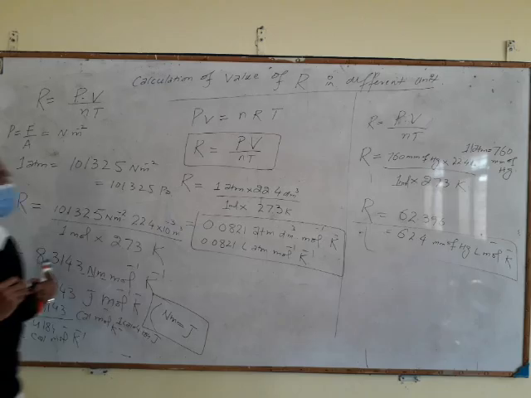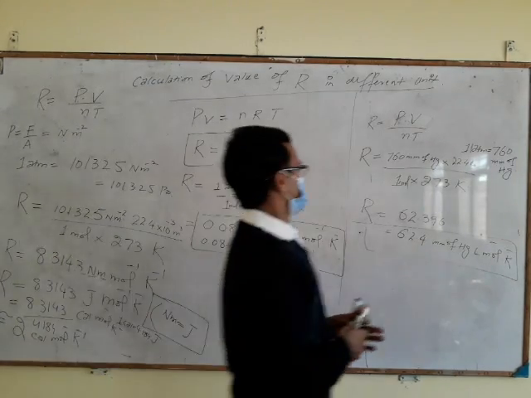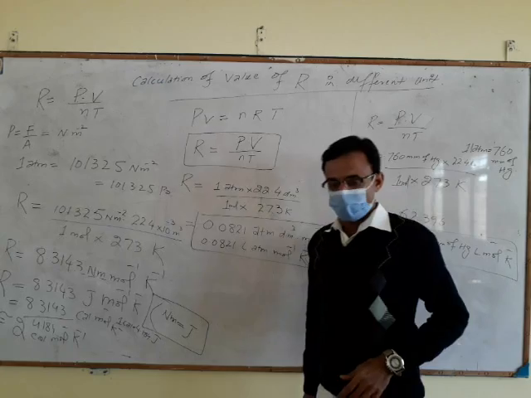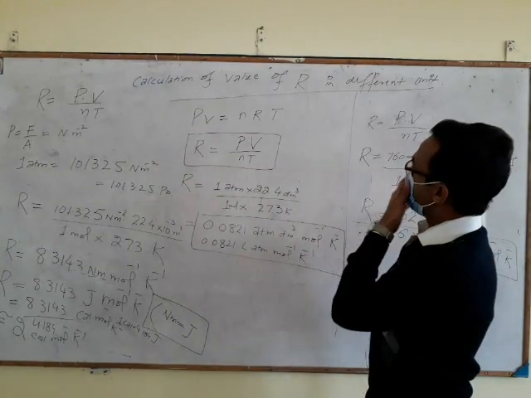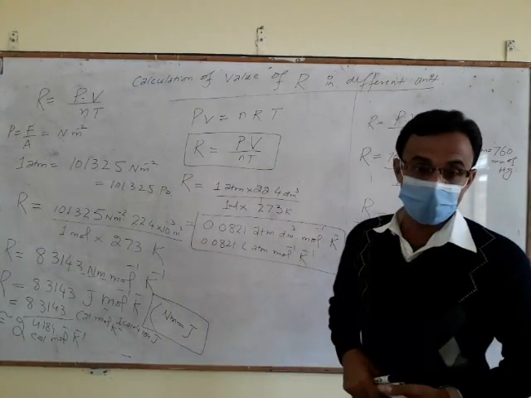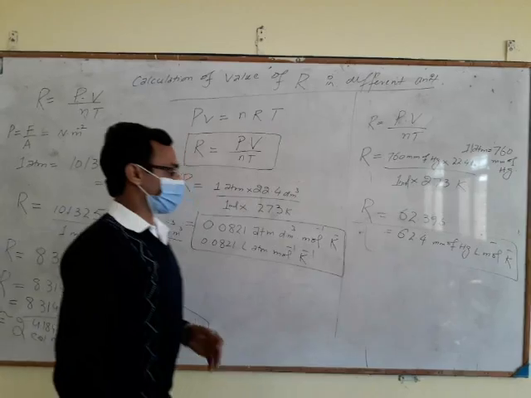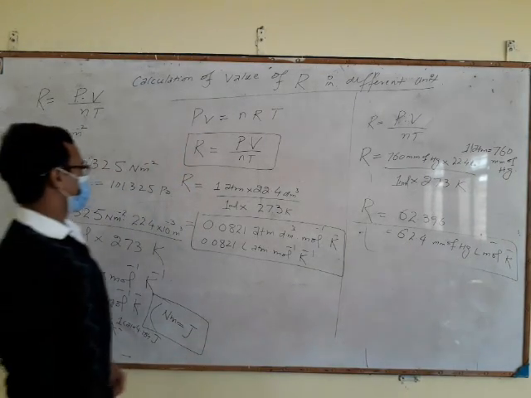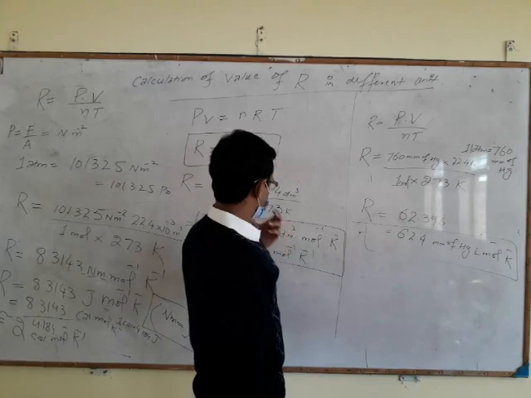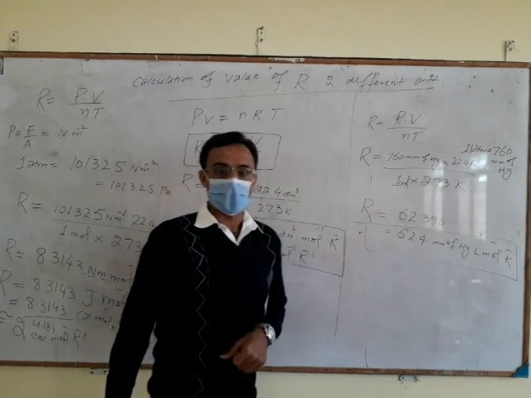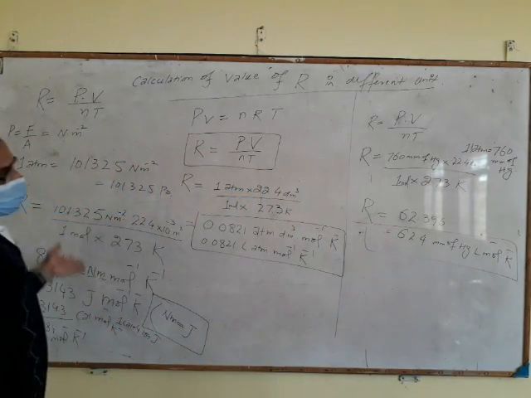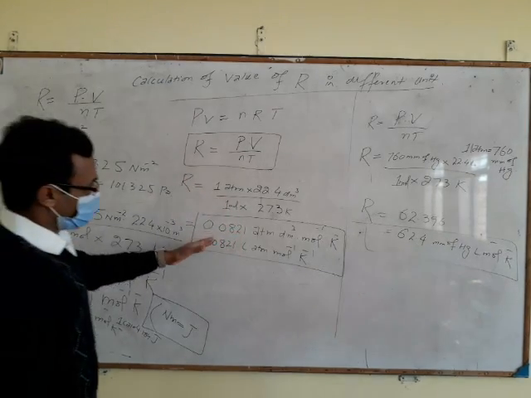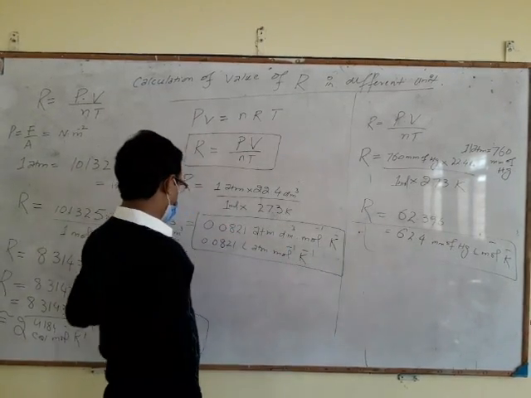So these are the values of R in different units. We can calculate the value of R at standard temperature and pressure. We know that standard temperature is equal to 0 degree centigrade or 273 Kelvin, while the standard pressure is equal to 1 atmospheric pressure. So we can just interconvert the different units and calculate the value of R in different units.